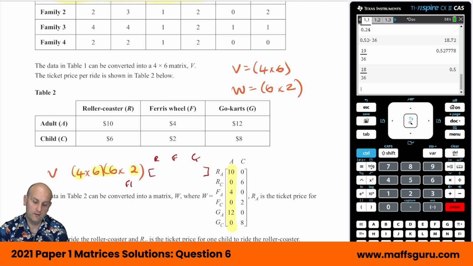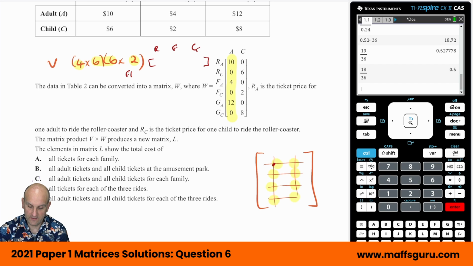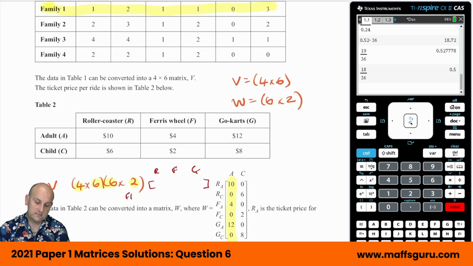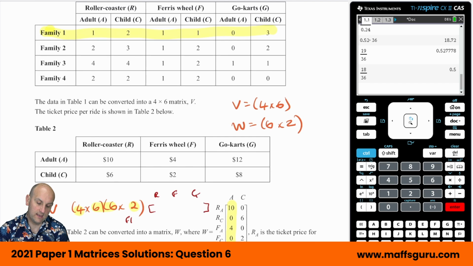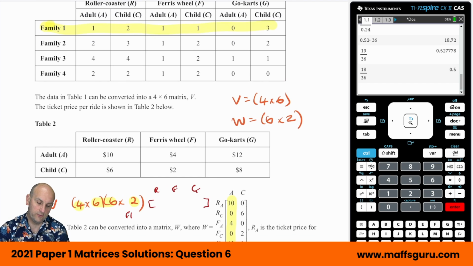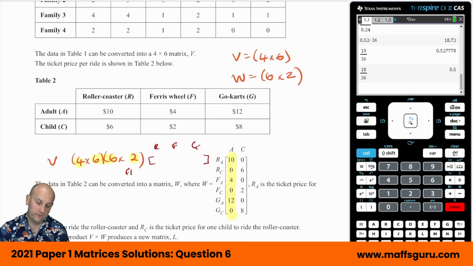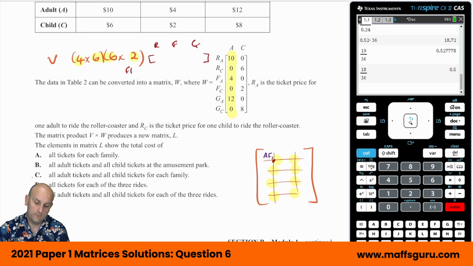So we're going to have the adults of family 1. The next time we multiply, we do that times the children, so that next one would be family 1 children. This then would be family 2 adults, family 2 children, family 3 adults, family 3 children, and so on.